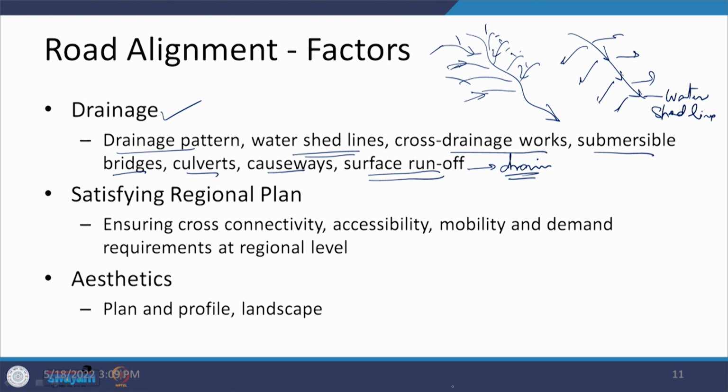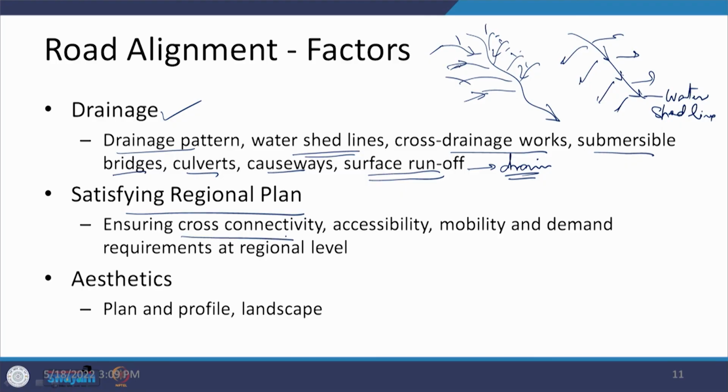Apart from all of these things, another thing which we have to take into consideration is that it satisfies the regional plan. And when we are talking about this regional plan, it means we are looking at the various cities, towns, villages etc., which are there, which need connectivity, or we need to provide accessibility to a particular remote area, so that that area also starts developing.